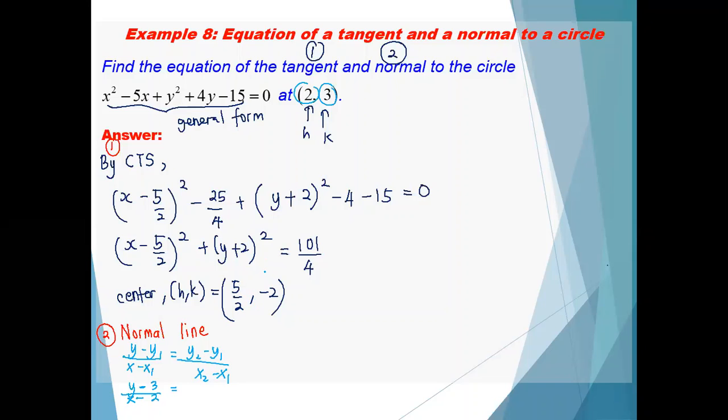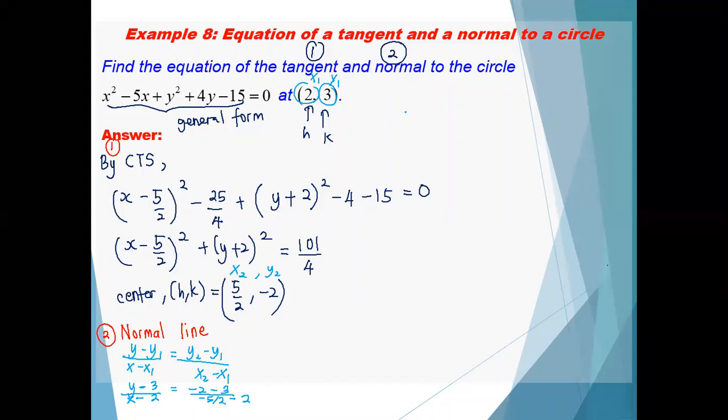Okay, so this one x2 y2 here akan jadi x1 y1, so equal to negative 2 minus 3 over negative 5 over 2 minus 2.